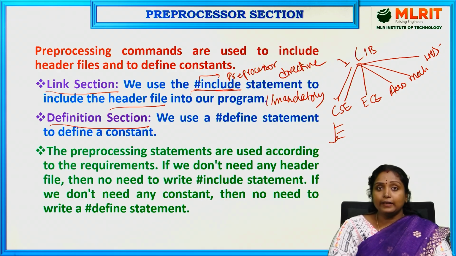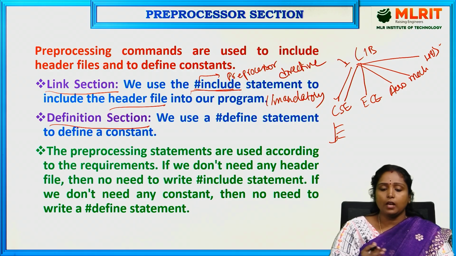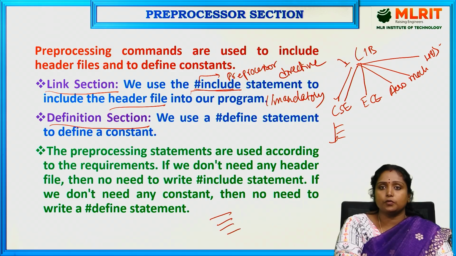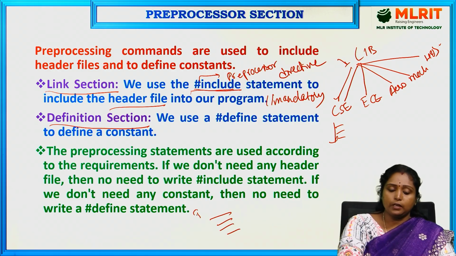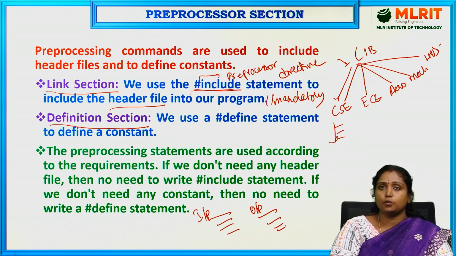Here, when it comes to the linking section, there are predefined functions. In order to write a program, I have to give some input, so I have to write a few lines of code. To take the output, I also have to write some lines of code.